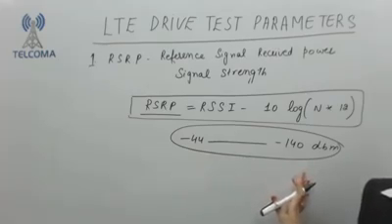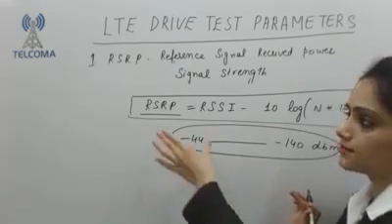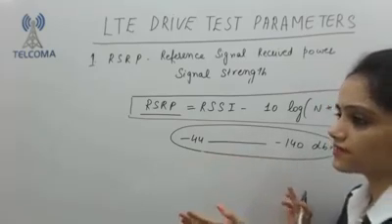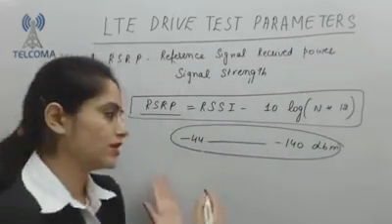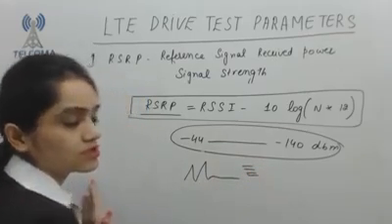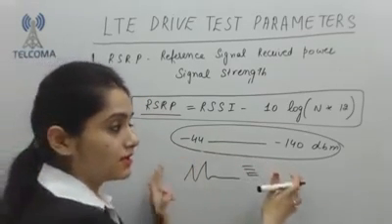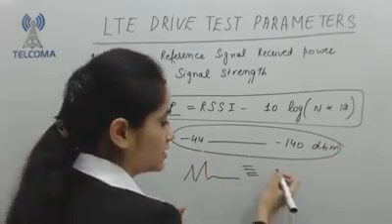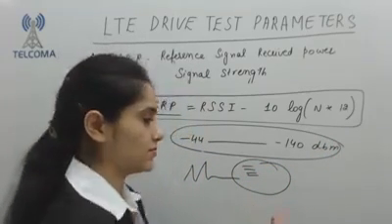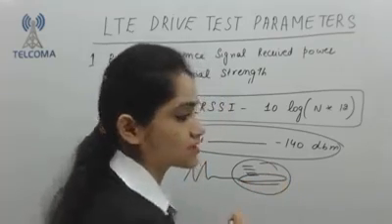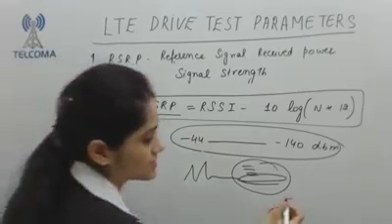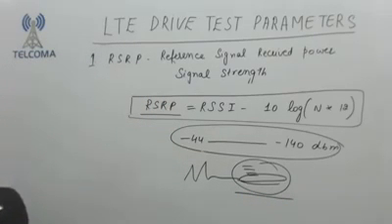This is the KPI, key performance indicator, that my RSRP value should range in between this. Whenever we are drive testing, we have continuous log files showing me values. If a value is not in this range, I need to take a snapshot of this area, that means at this area the RSRP value is not good, so the optimizer will go and optimize this area.